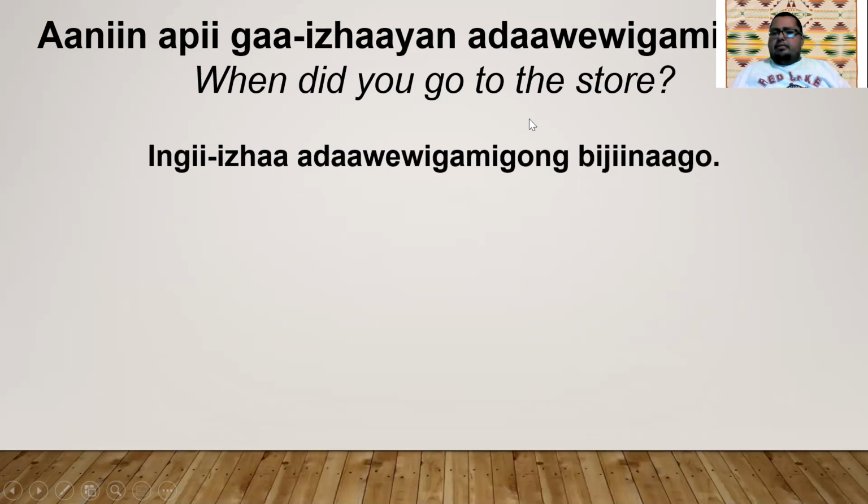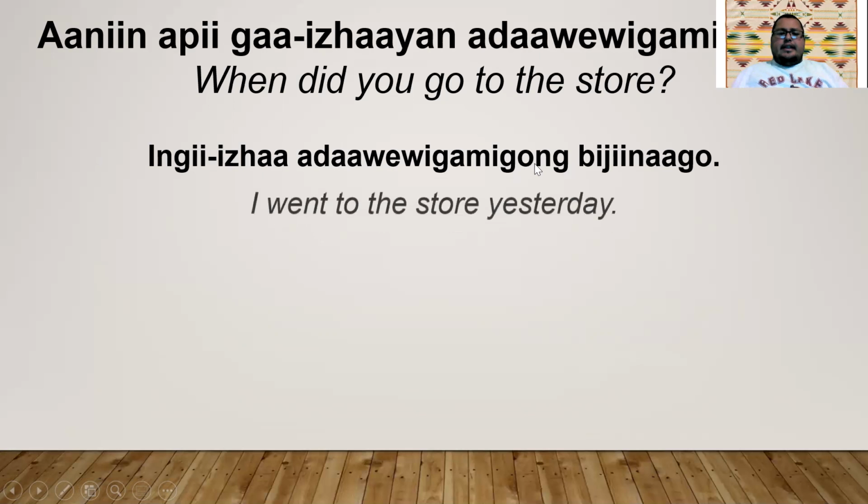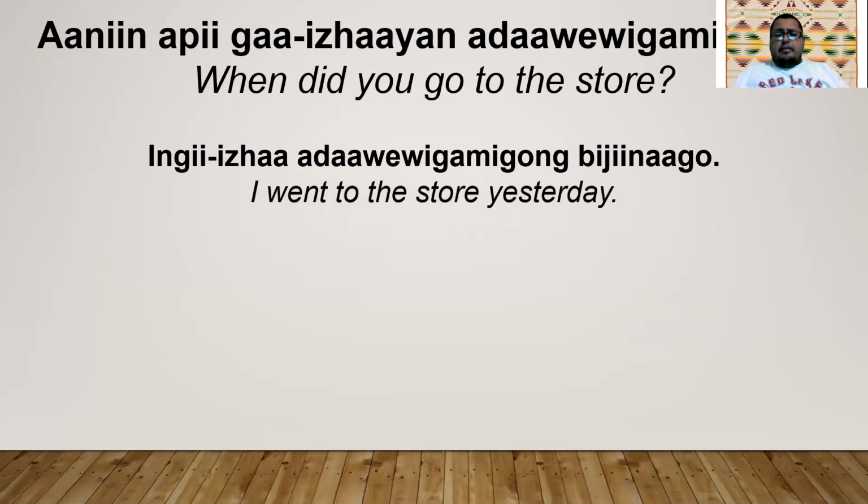Ingi ija adawe we gamigong bijinago. Or you can put bijinago at the beginning. Bijinago ingi ija adawe we gamigong. Same thing, it means the same thing. I went to the store yesterday.